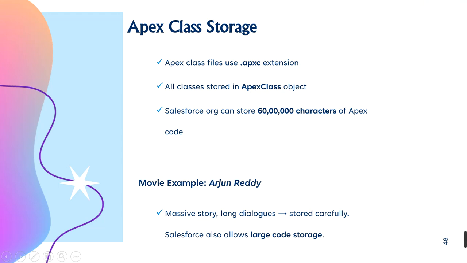Suppose account records are stored in Accounts; similar to that, an Apex class is stored in the ApexClass object. A Salesforce org and a sandbox can store 6 million characters of Apex code. So we can write this many characters in one class. After that, there is a limit. There should be some limit, otherwise we will not follow the optimized code way.